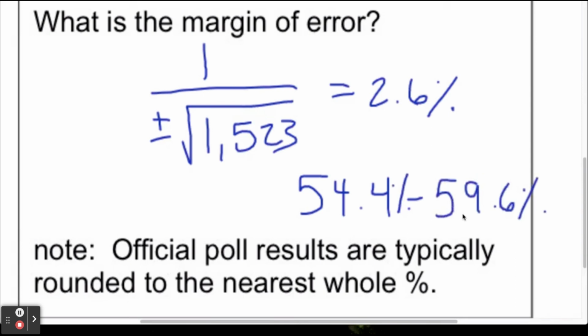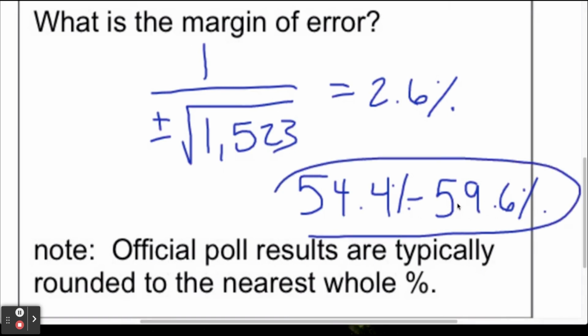So the population likely wouldn't be right at 57%. But what the margin of error tells us is that it would fall somewhere within this range. Remember, this plus or minus 2.6% gets added and subtracted to the 57%.